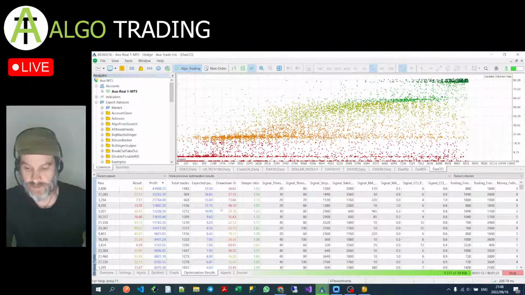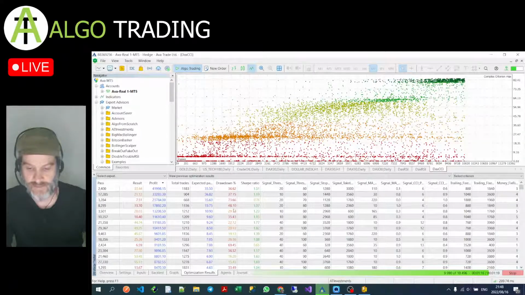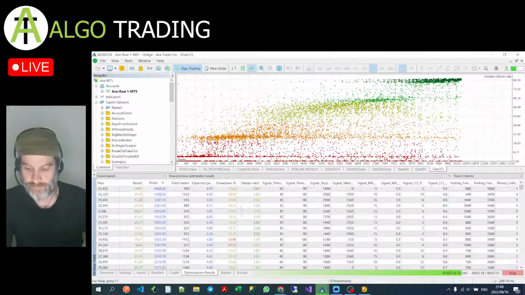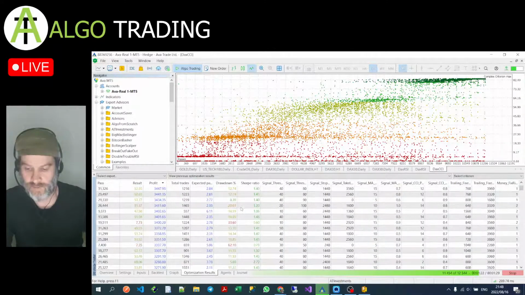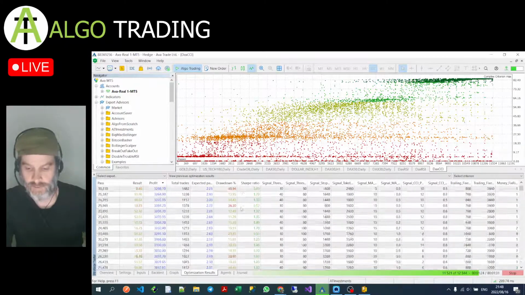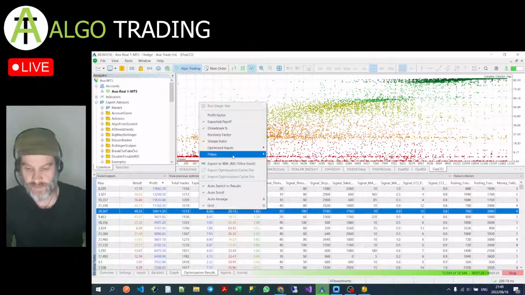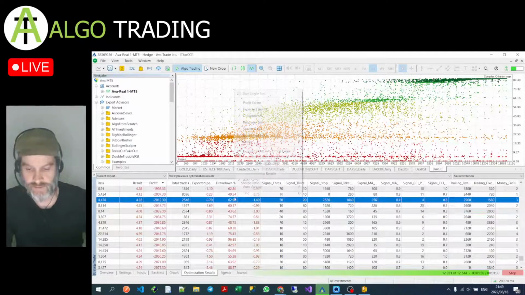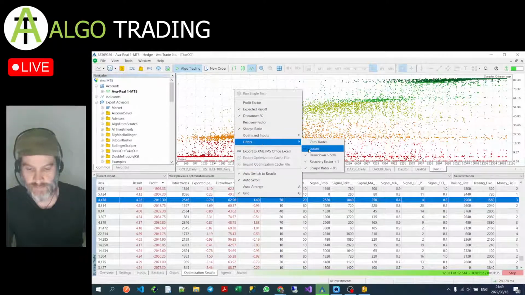Let's see if we've got anything decent here. Wow, 41,000. The drawdown of that is way too high. Okay, so let's actually filter out with the 0 trades, losses.